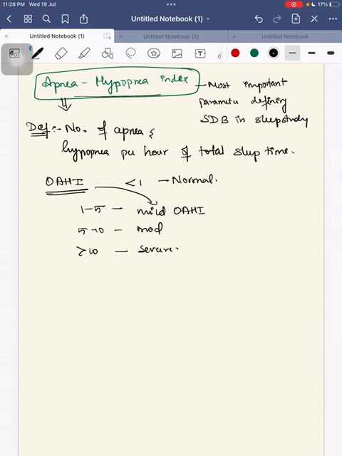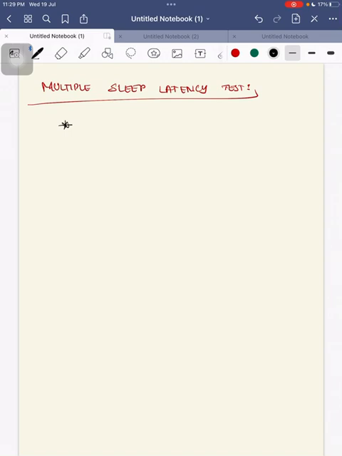Okay, so this is about the sleep study that is involving cardiorespiratory polygraphy and polysomnography. Next we have multiple sleep latency test. Okay, to evaluate the children with excessive daytime sleepiness and are diagnostic for narcolepsy.